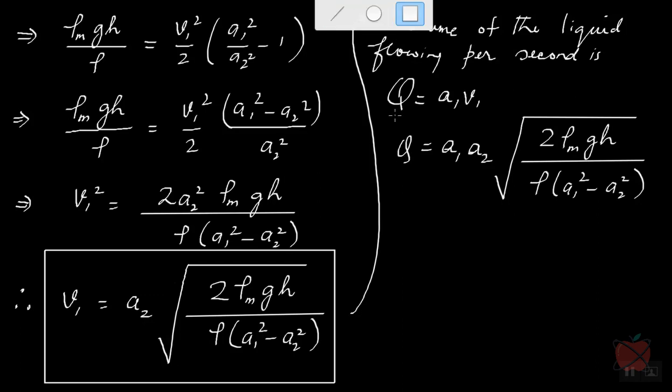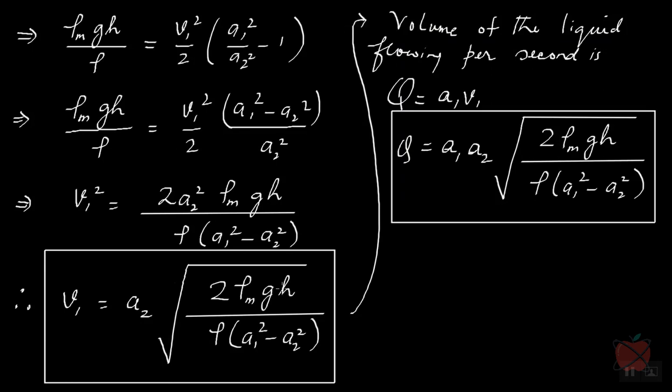Got it? Knowing these values on the right-hand side, we can find the speed of the liquid inside the tube using this formula, and also the volume of the liquid flowing per second. So that is the working and the theory of a venturimeter, which is the other application of Bernoulli's theorem.